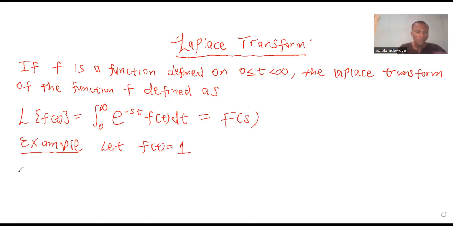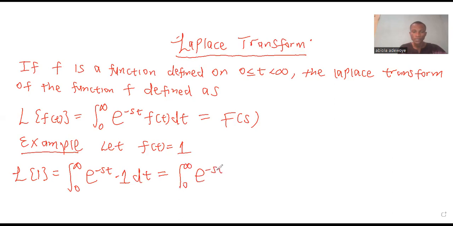It means when you are taking the Laplace transform of 1, by the definition of the Laplace transform, we have the integral from 0 to infinity of exponential minus st. Now f of t is equivalent to 1, multiplied by 1 dt, which equals the integral from 0 to infinity of exponential minus st dt.